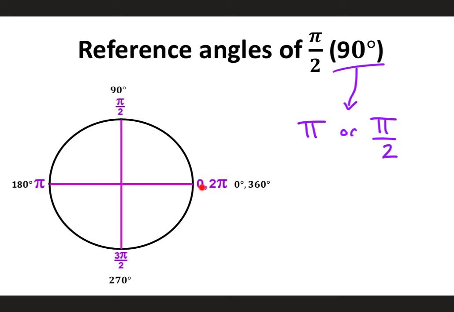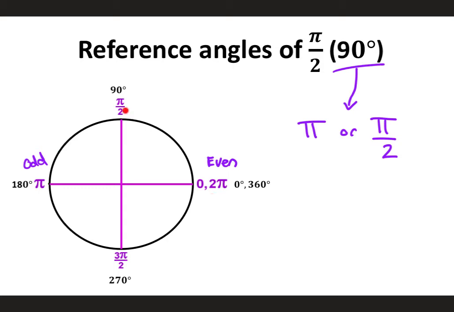We have 0 pi, pi over 2, 1 pi, 3 pi over 2, 2 pi, and it would just keep going. When it comes to the whole chunks of pi, all of our even whole chunks of pi are on this side, and all of our odd chunks of pi are on this side. So 7 pi would be on this side because 7 is an odd number. 12 pi would be on this side because it's an even number.